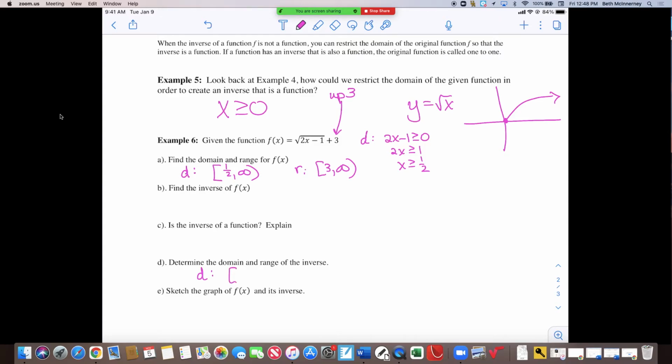Good job. 3, infinity. And what is my range now? Good job. 1/2, infinity. So remember how we switch the x and the y? Well, the domain and the range switch.